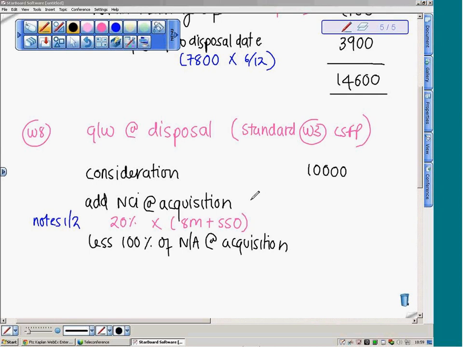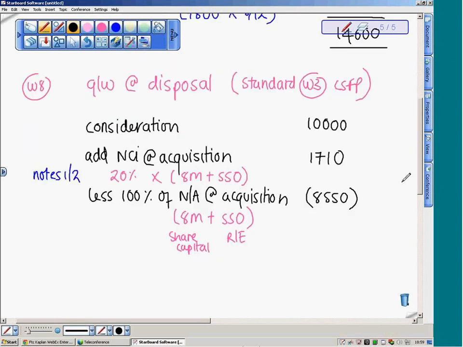Okay, so that's going to give me, by plugging those numbers in my calculator, 10. 100% of net assets is just going to be the 8 million. So let's deduct the 8 million plus the 550. So that's just the share capital and retained earnings. Well, net assets are the same as your equity balances. Okay, so you've got 8,550.